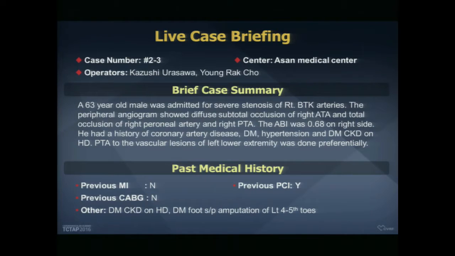The first toe has gangrenous change, and the ABI was 0.68 on the right side, and he had a long-standing history of diabetes and hypertension, and he also had chronic kidney disease, and he is on hemodialysis. Next, please.